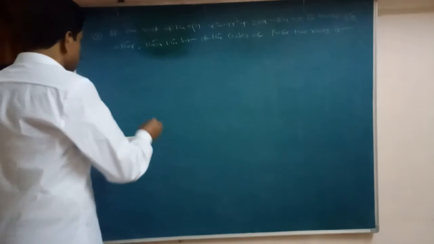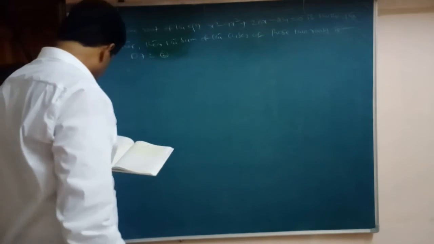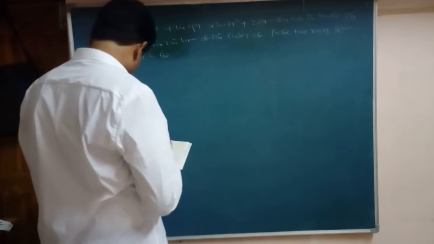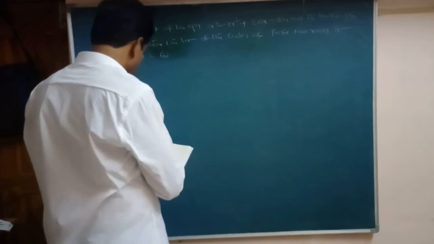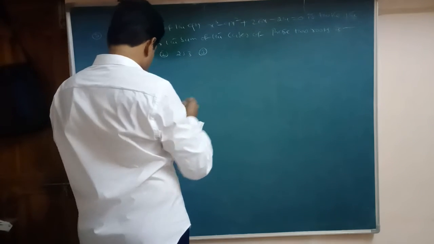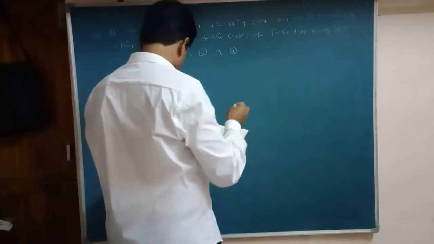So first option 72, and the second option 253, third option 9, fourth option 9 by 64.